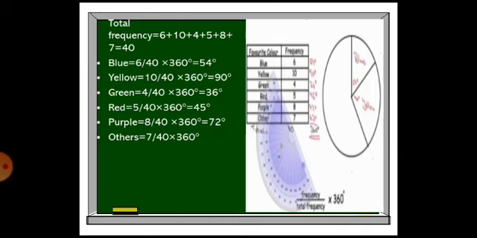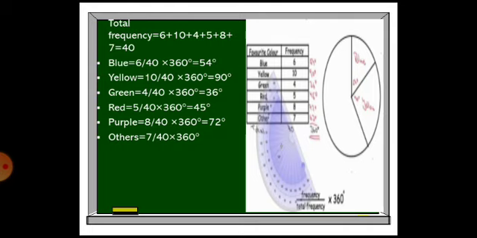Like we have a table here, you add up the total number of the information given to you. Then you pick each individual item or data given in the question, divide it by the total frequency that you added up in the first instance, and multiply everything by 360 degrees.